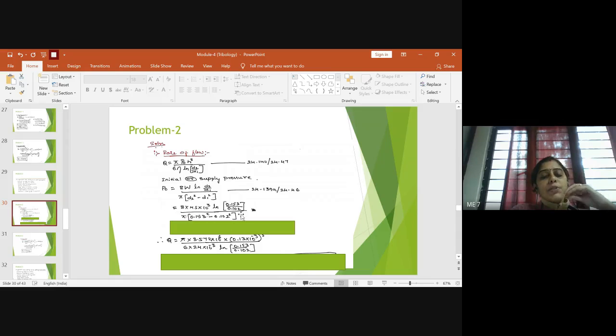So now you have substituted the values. Now kindly calculate and let me know what the supply pressure, which is P naught, is. Be quick, calculate and let me know the answer.